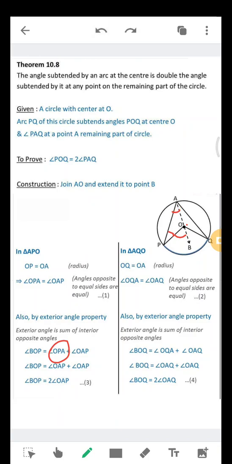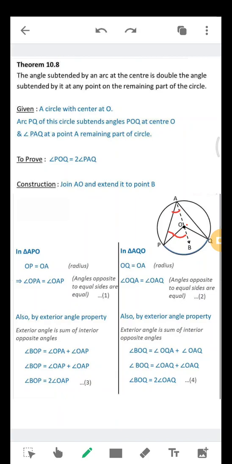I'll replace the other angle. In OPA plus OAP, in place of OPA I can write OAP because both are equal. So OAP plus OAP, that is 2 times OAP.